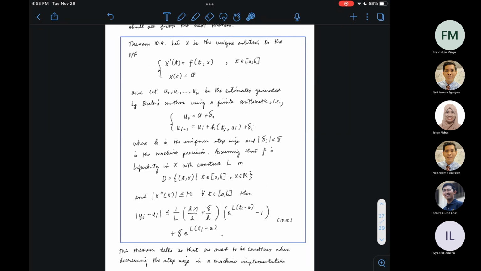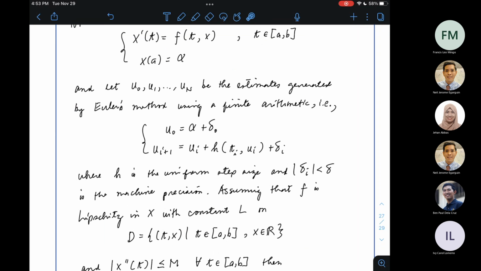Theorem 10.4, specifically equation 10.17 below here, gives us an idea what the global discretization error is, but this time we are considering machine precision. Because, for example, this is your problem. So ideally, your initial condition should be W sub 0 equals alpha. This is our initial condition. But since there is no guarantee that the computer reads alpha as exactly alpha, I don't get the correct W sub 0. What I get is U sub 0.